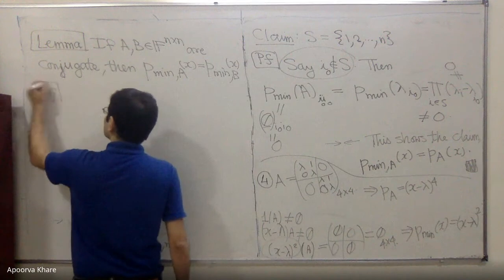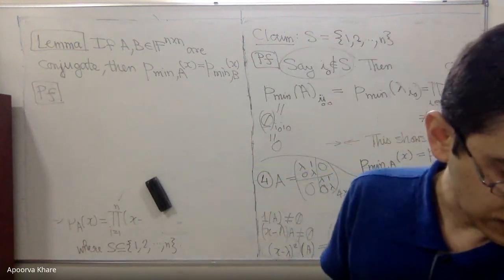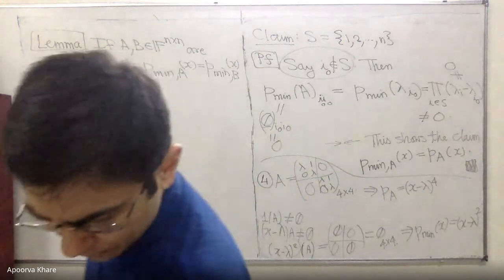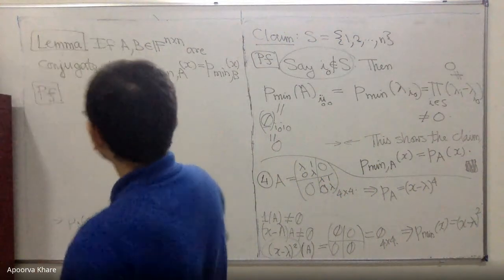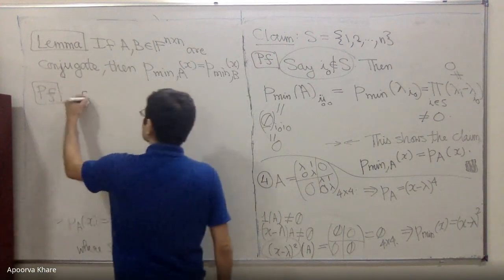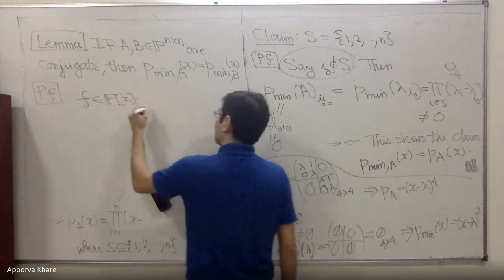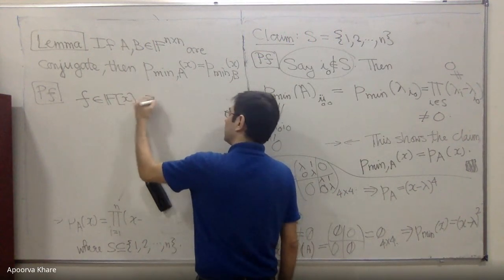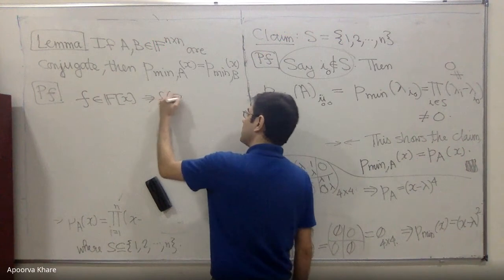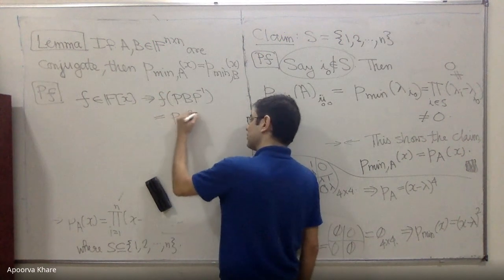The proof is pretty clear, but it uses a homework problem. Basically, the homework problem is the following. If you take any polynomial f, then f of P B P inverse is the same as P times f of B times P inverse.